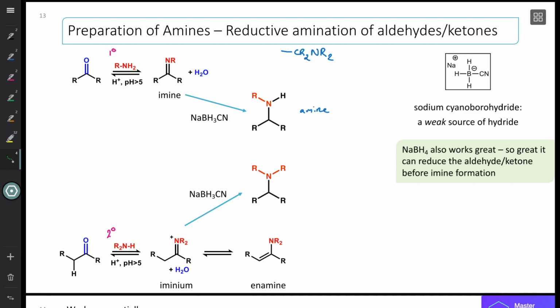And it's nice to use this because you'll notice that this step, in this case these are reversible steps, whereas this reduction is irreversible.